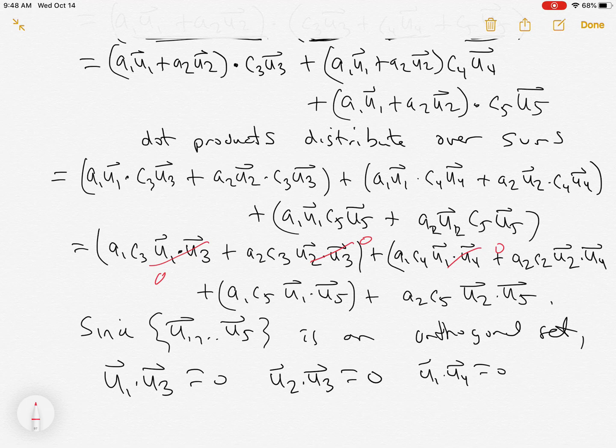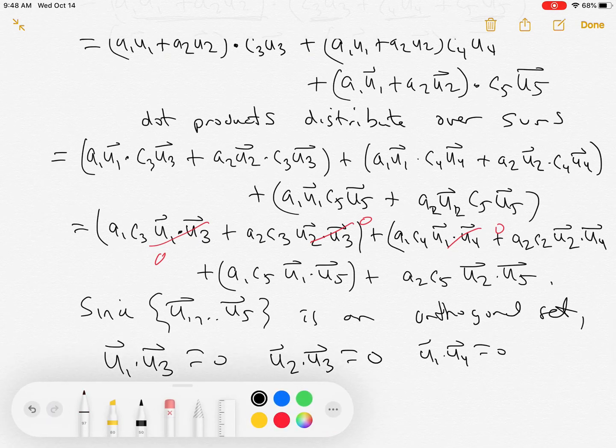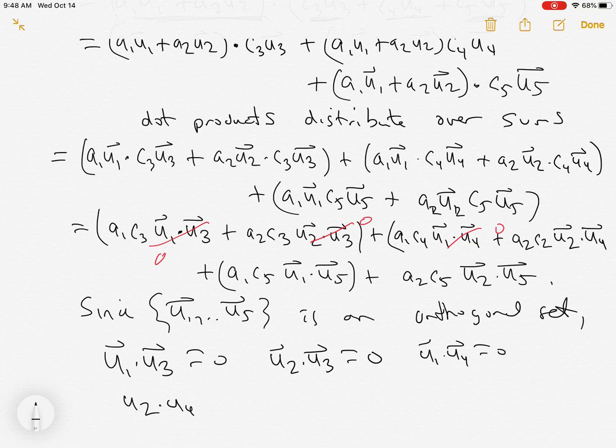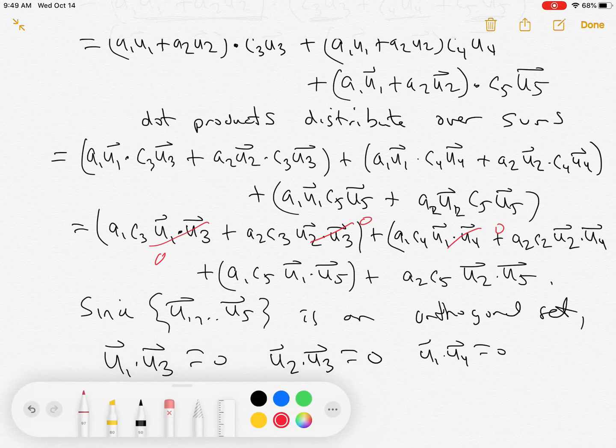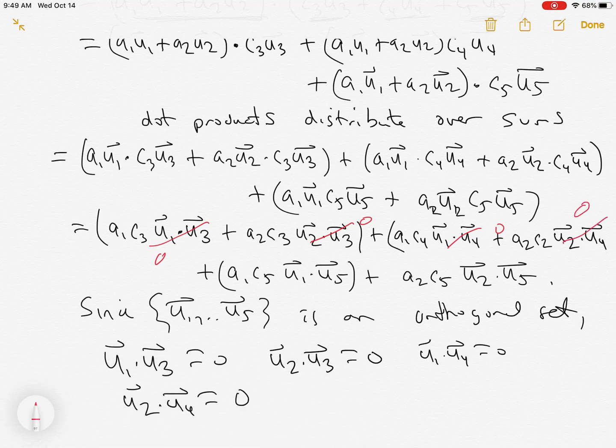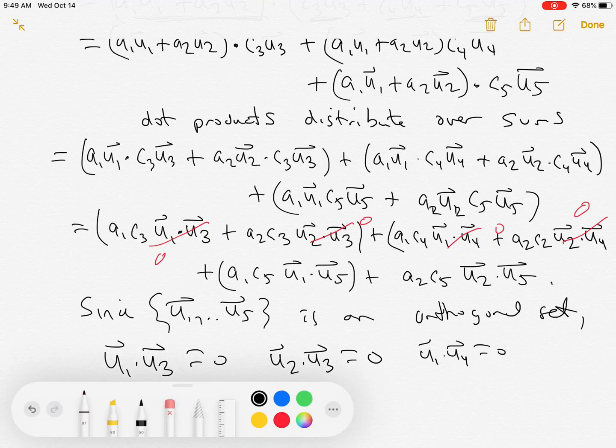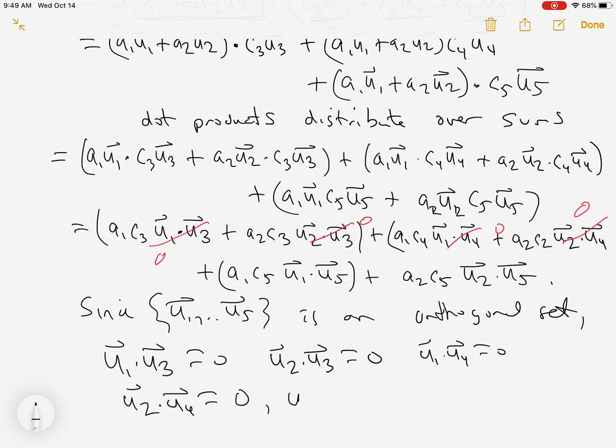So that's 0. U2 dotted with U4 equals 0. So that's 0. U1 dotted with U5 equals 0. So that's 0. And lastly, U2 dotted with U5 equals 0. So that guy is 0.